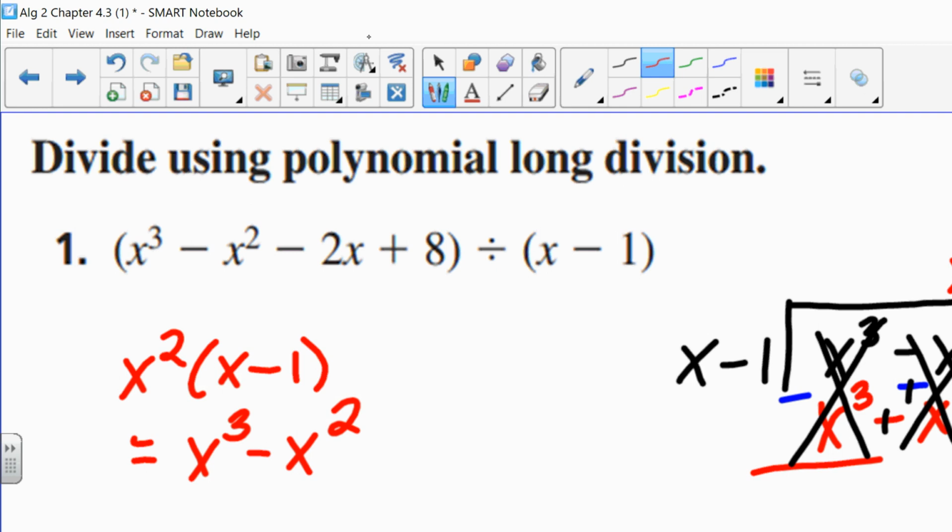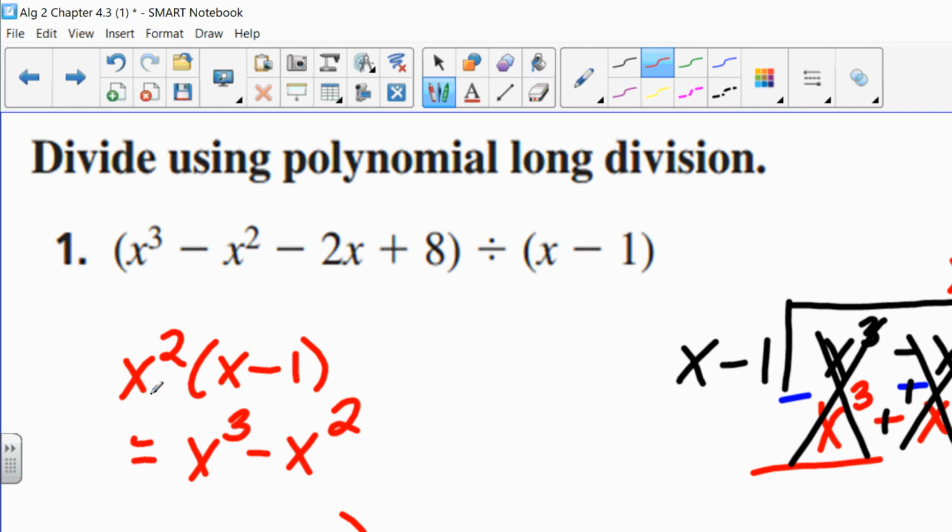What times x gives us negative 2x? Negative 2. Because we already have the x to the correct power, we just need the negative 2. So we're going to multiply x minus 1 by negative 2. Well, negative 2 times x is negative 2x like we wanted.